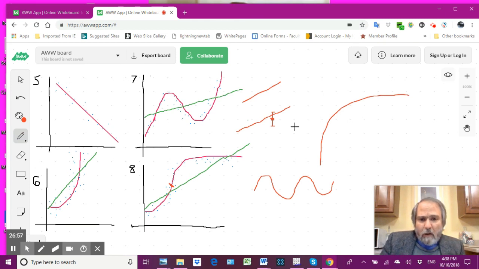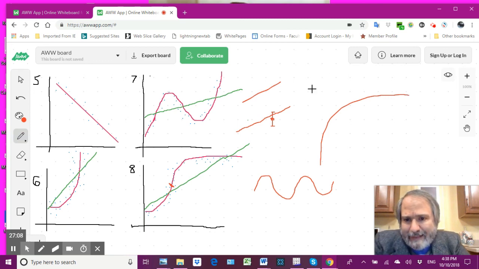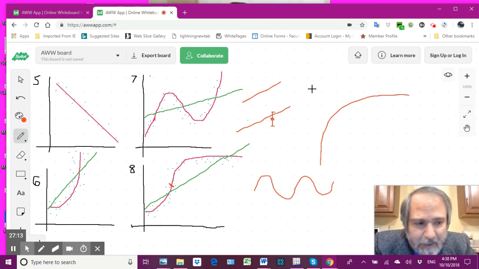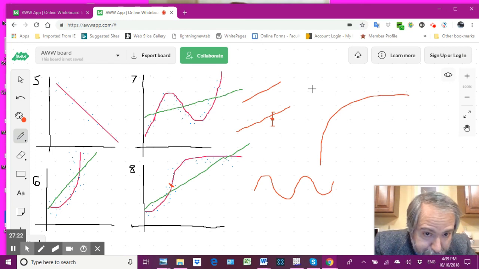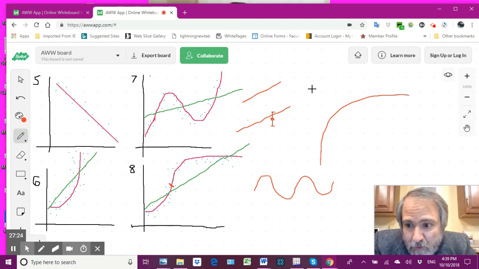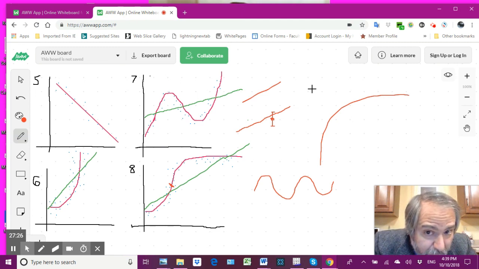So you might say, well, it's better correlated to this variable, not so much that variable. You can do that kind of stuff. I wanted to bring this little video to you to help you understand how to look at regression models, linear or curvilinear or otherwise, so that you know what's meant by the R-square and by the R.